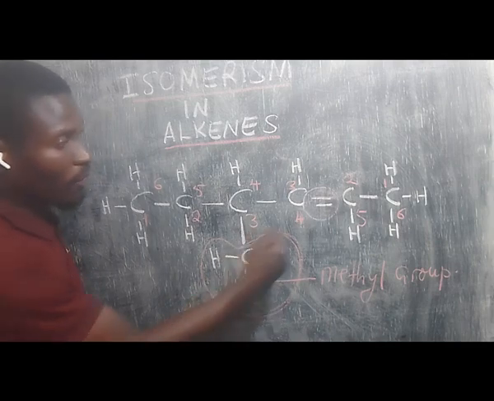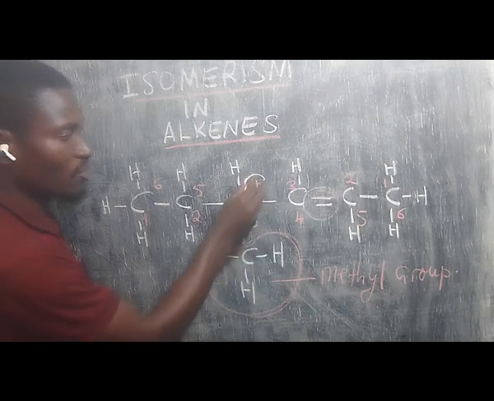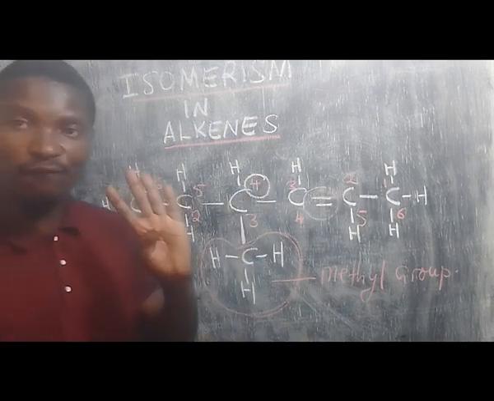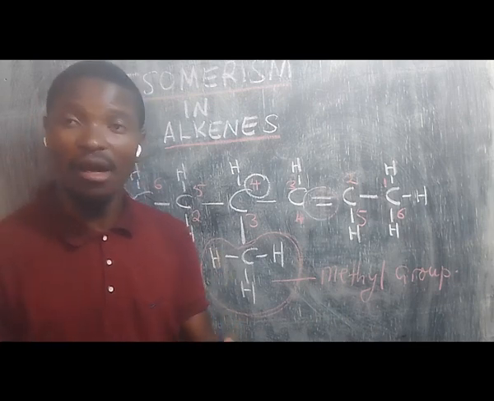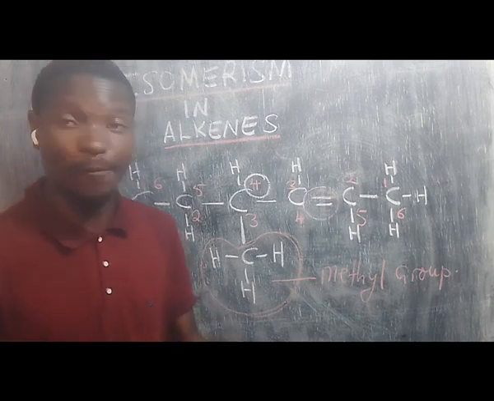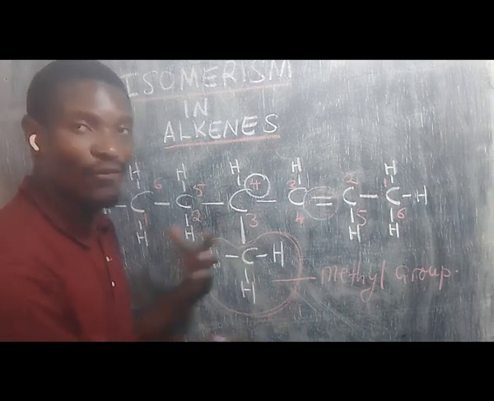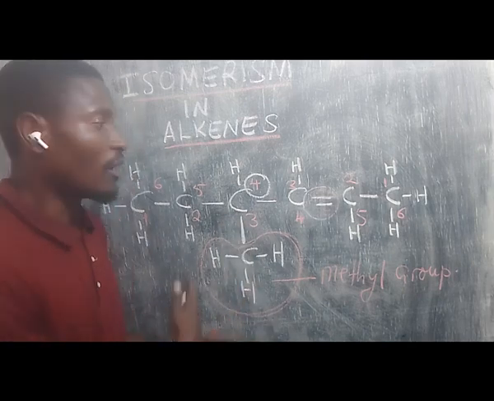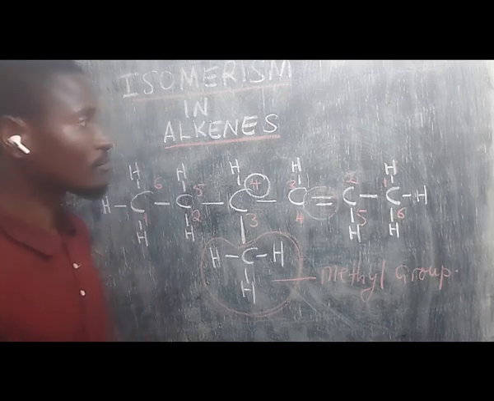So when I'm going this direction, the methyl group is branching off at carbon number 4. So now this gives you the correct procedure to follow so that the nomenclature becomes the correct one in terms of what kind of name this isomer that I'm dealing with has.